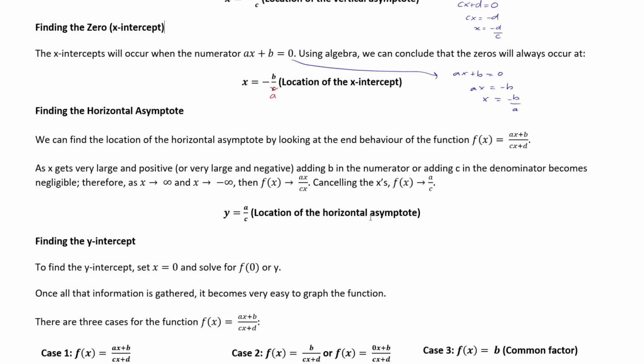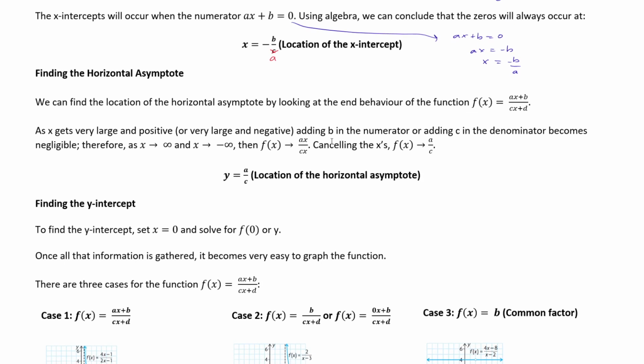Finding the horizontal asymptote. This has been covered in the previous lesson. You look at the end behavior of the function. As x gets very large and positive, or very large and negative, adding the b in the numerator and adding the d in the denominator becomes negligible. For example, if b and d are relatively small numbers, and we chose, say, 1,000,000 for x, well, 1,000,000 plus or minus 2, the plus or minus 2 there is not significant.